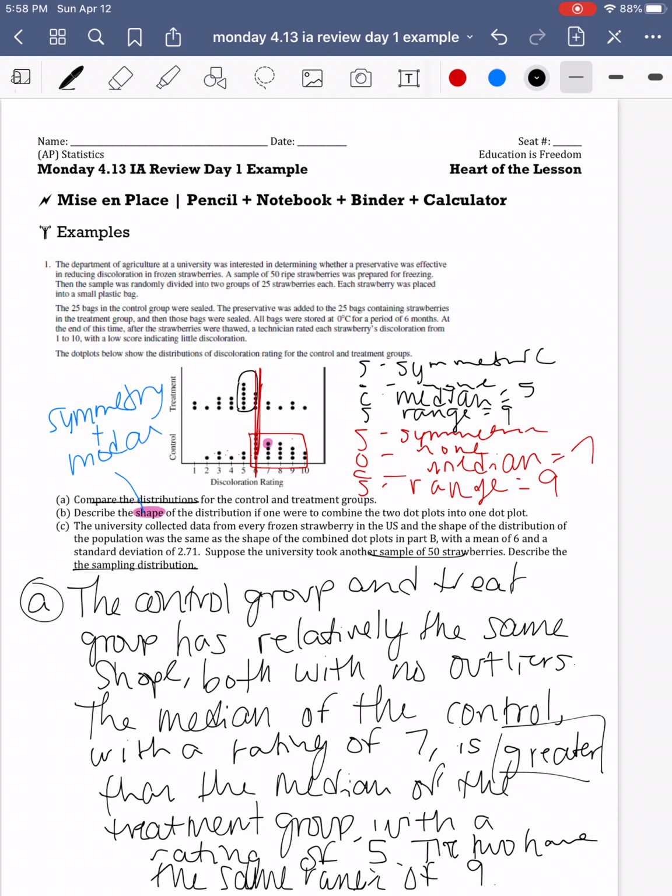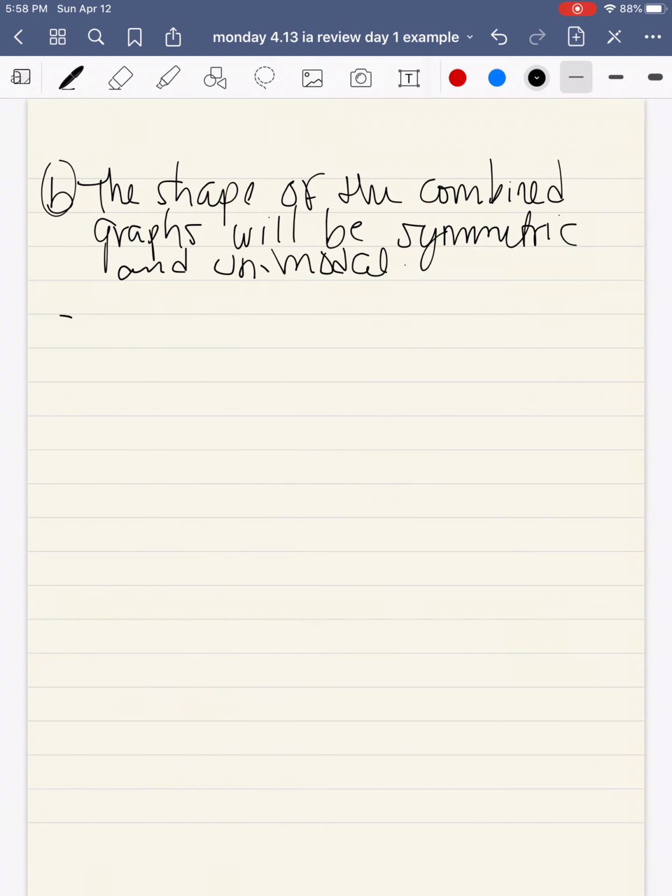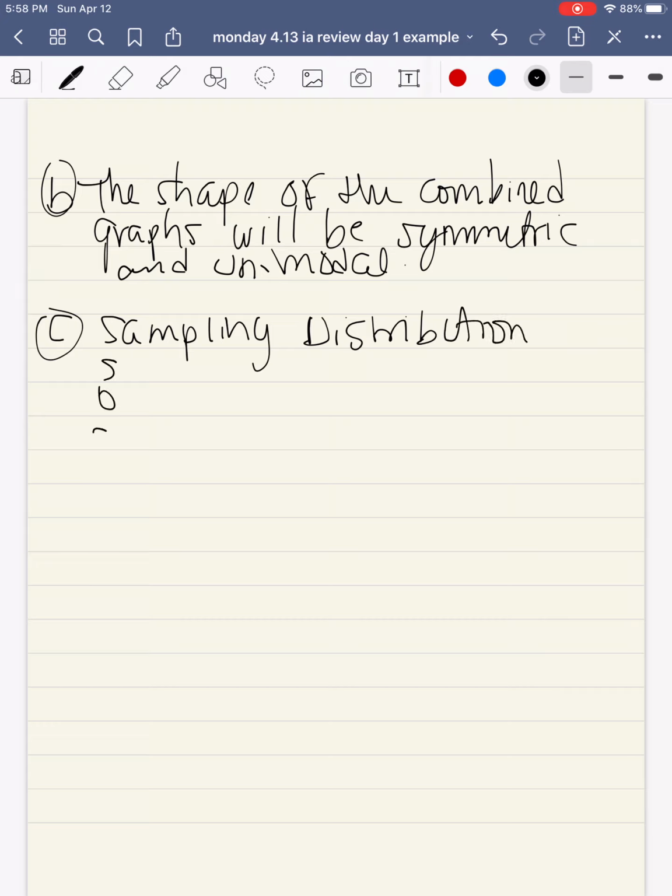When we describe a sampling distribution, we're still going to follow the SOCS model. However, we have to be more specific. So when we are doing sampling distributions, we have our SOCS. However, this time when we describe the shape, we need to talk about the normality of it.